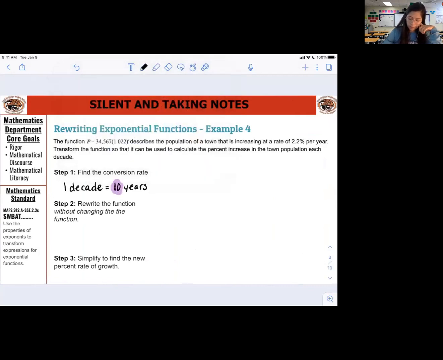And remember, the most important thing is when you figure out the number that you're going to plug in, you also have to figure out the number that's going to bring it back into balance. So I'm going to start with just the original function. I'm going to plug in my 10 and I'm going to do it inside of the parentheses.